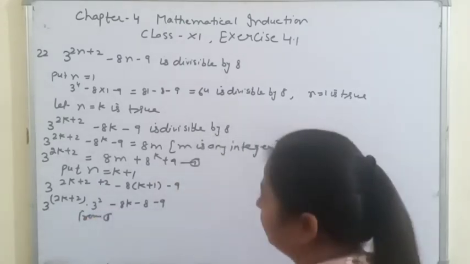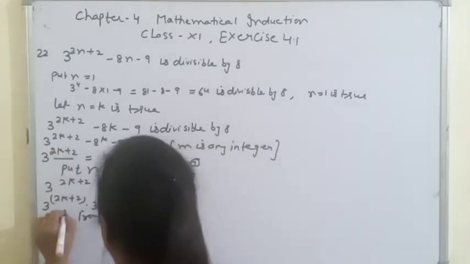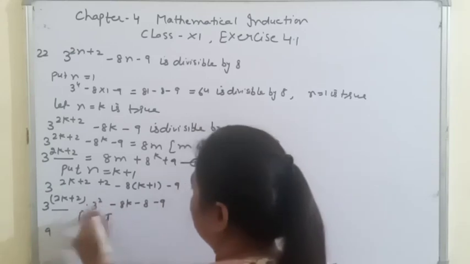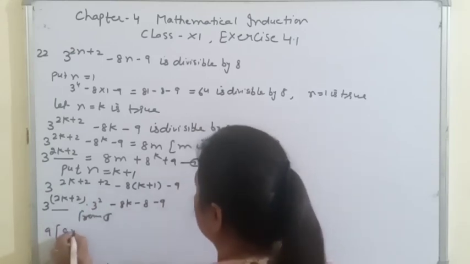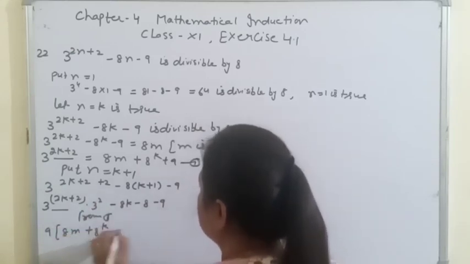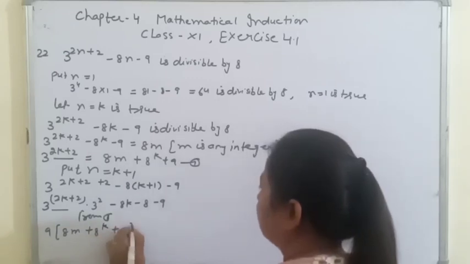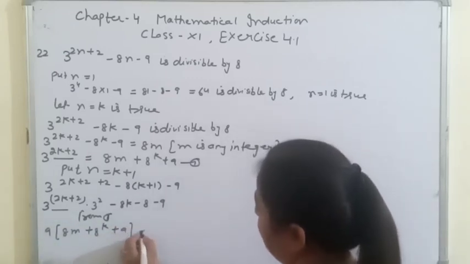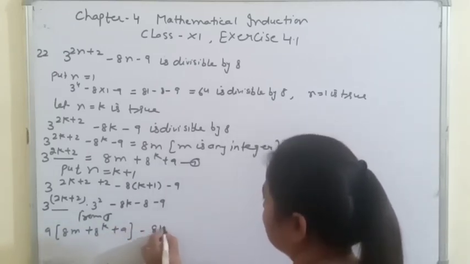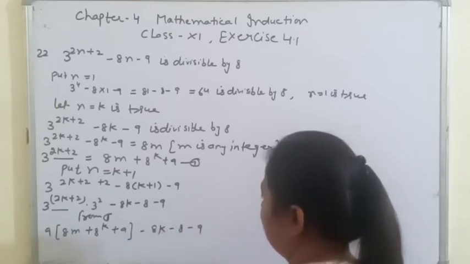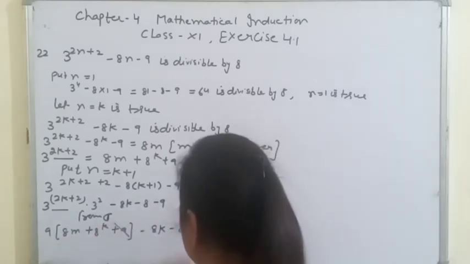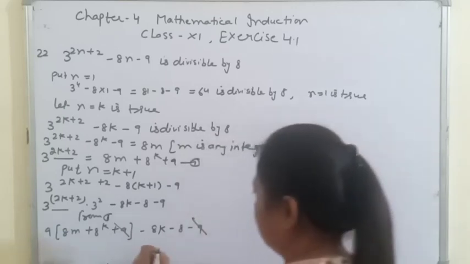So in place of 3 power 2k plus 2, we can write 3 into 3, that is 9, into 8m plus 8 power k plus 9, minus 8k minus 8 minus 9. When we add it, this will cancel.